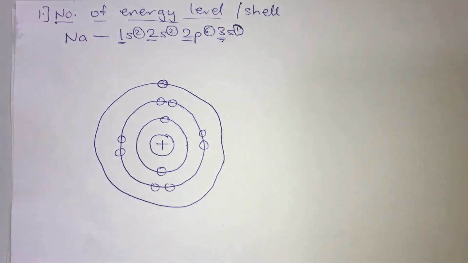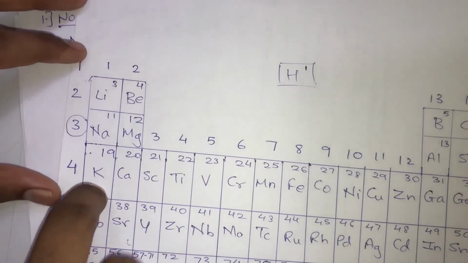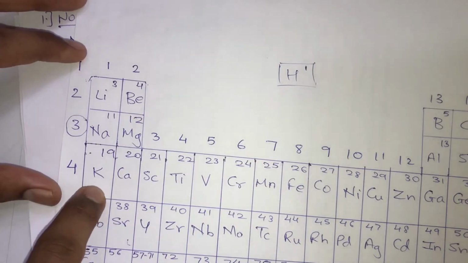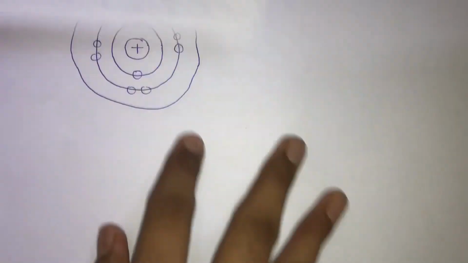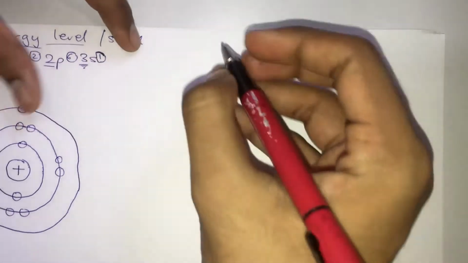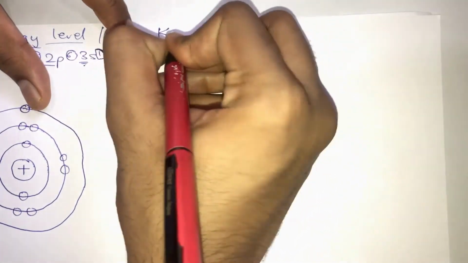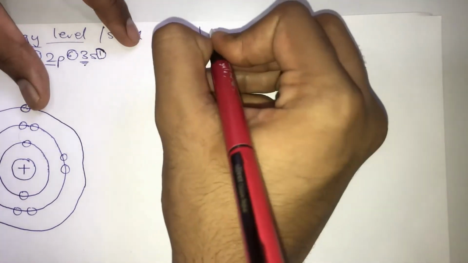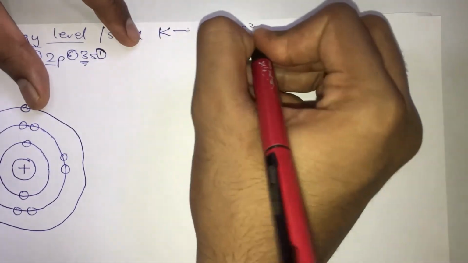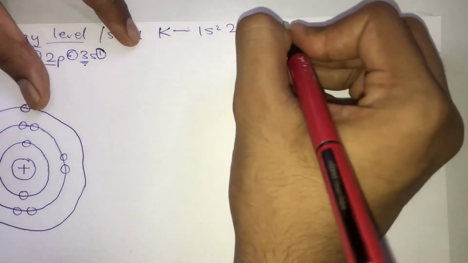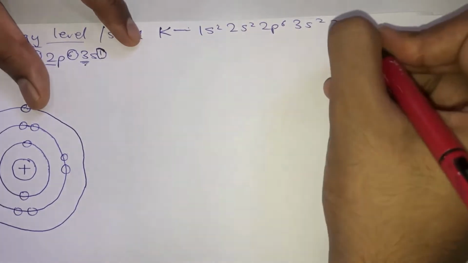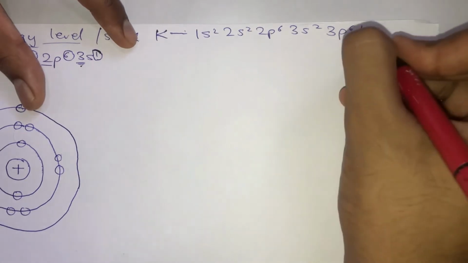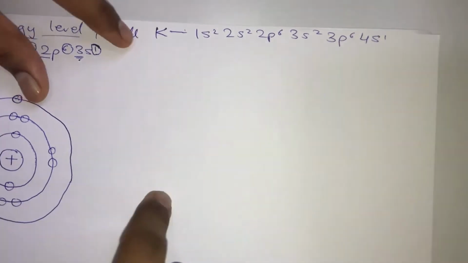Similarly, I am now going to consider an atom of potassium, which is present in the fourth period. As we all know, the electronic configuration of potassium is 1s2, 2s2, 2p6, 3s2, 3p6 and 4s1.